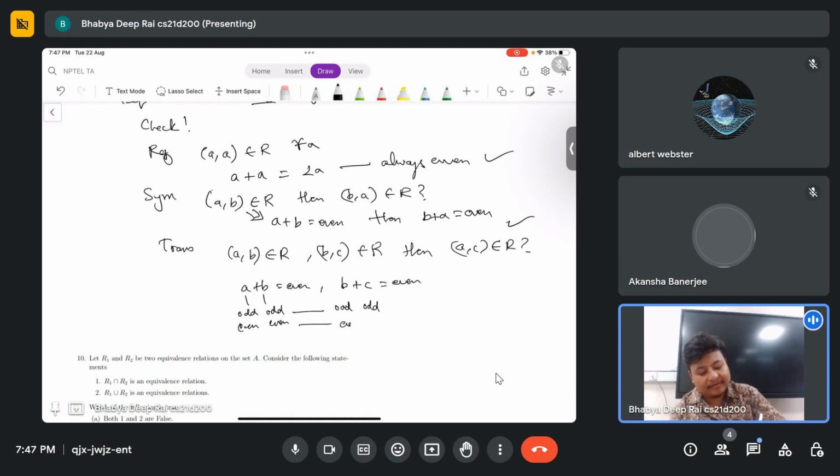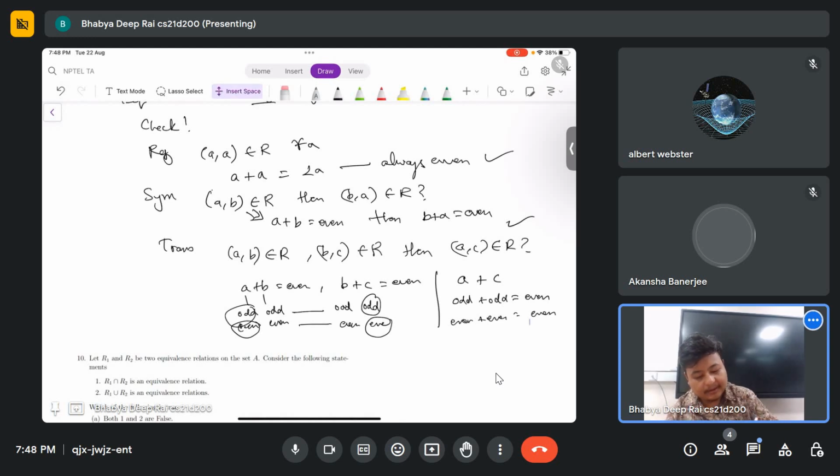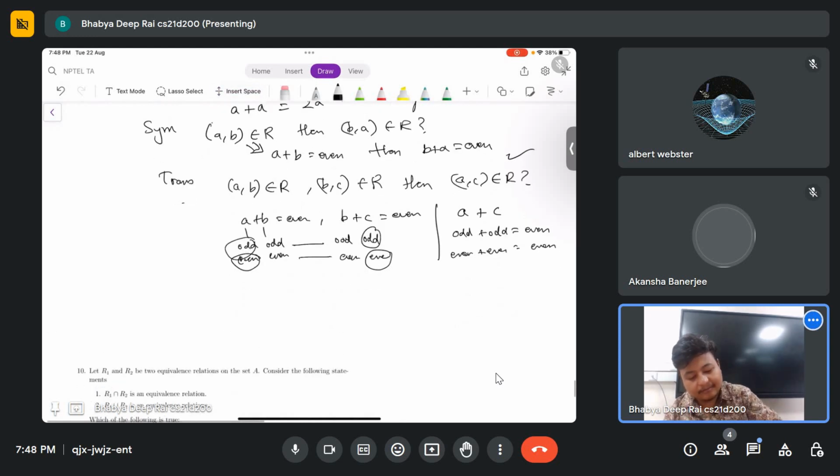And if A were even, then B would be even. Then A plus C would be odd plus odd, which is even. And in the even case, A plus C would be even plus even, which is even. So yeah, it is transitive also. So it is an equivalence relation because the reflexive, symmetric, transitive properties are all satisfied.